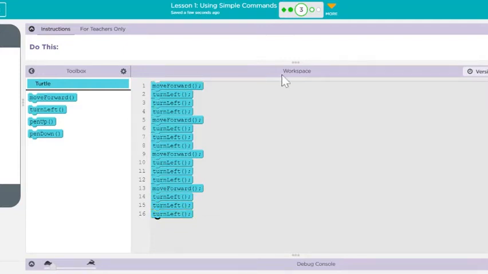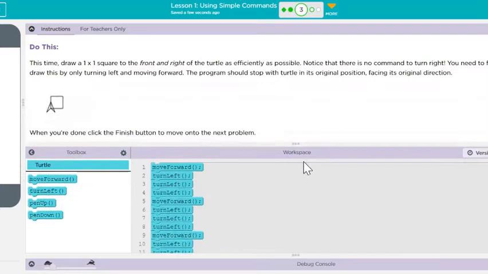And now we're facing in the correct direction. And if we look a little bit closer, we're going to see that I have the same thing going on over here in my screen on the left as I do in the instructions.